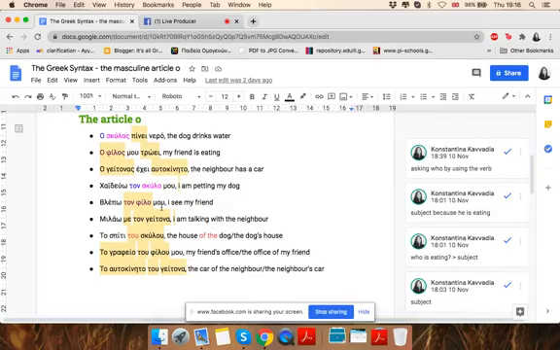Λοιπόν, if you want to say, for example, the dog's house, my friend's office, or my neighbor's car, how do we phrase these? In Greek, we don't have these short abbreviations of these sentences. We phrase them as such. The house of the dog.